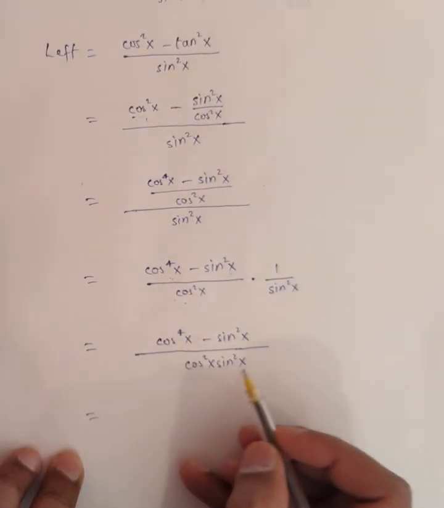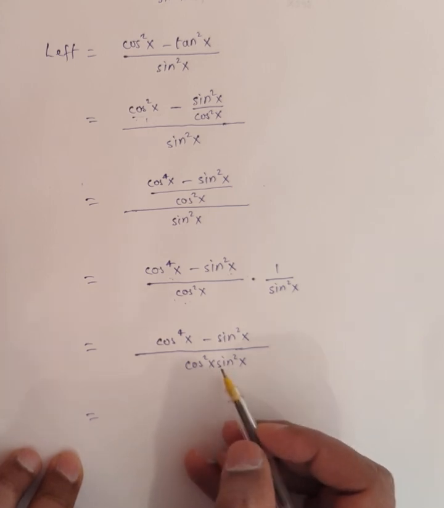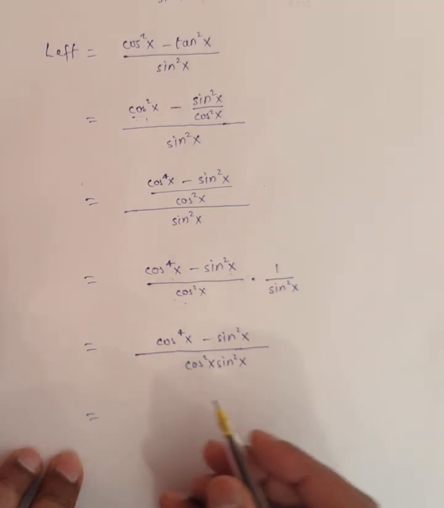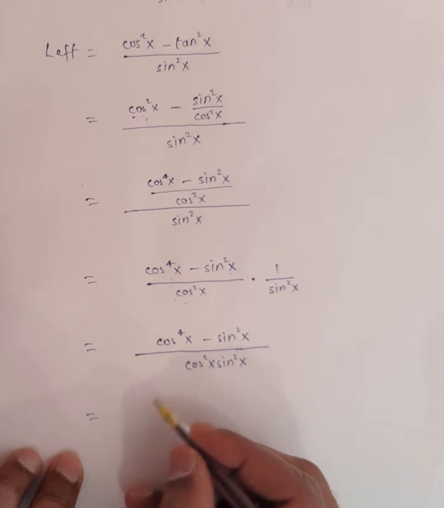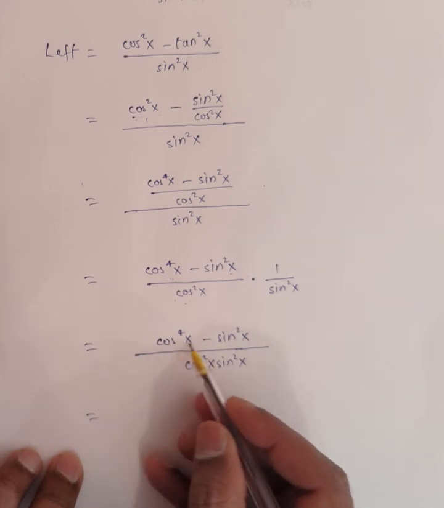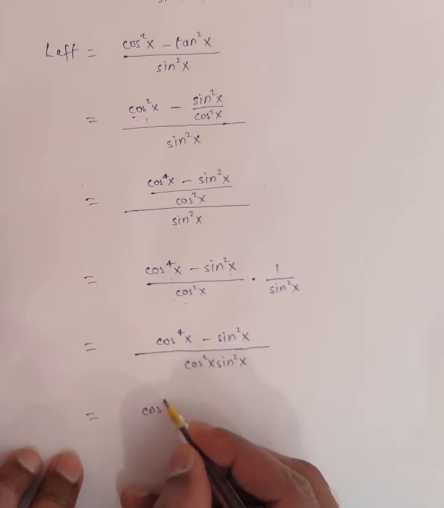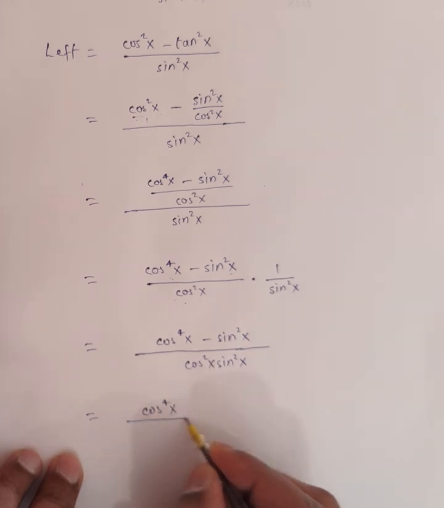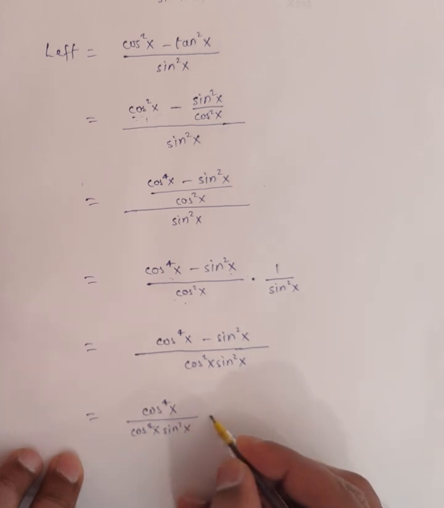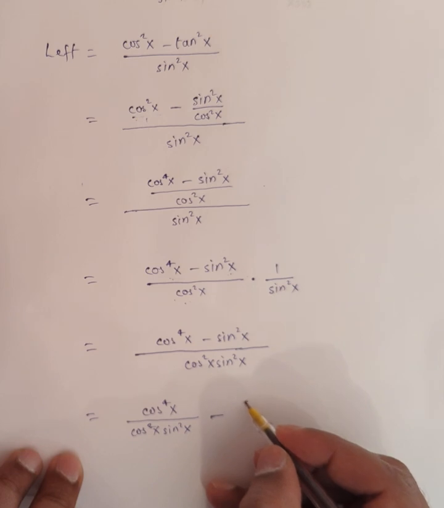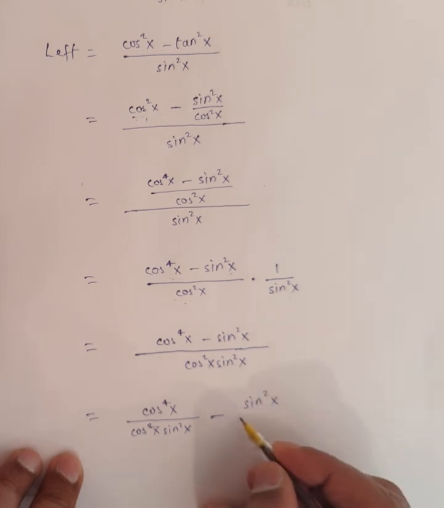Now, if you have just a monomial in the denominator, you can always separate this into two fractions. So I can divide just this first term, which is cos to the 4x, by the denominator, which is cos square x sine square x, and minus sine square x over cos square x sine square x.